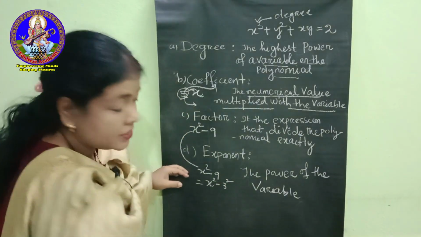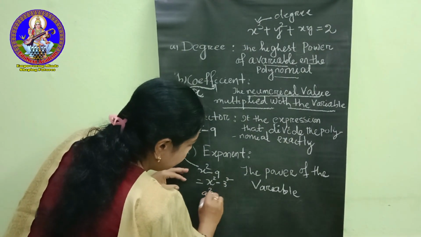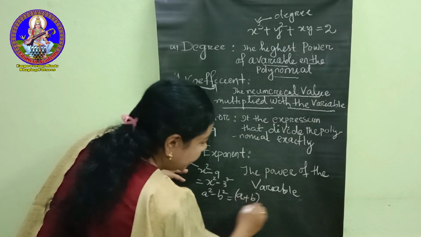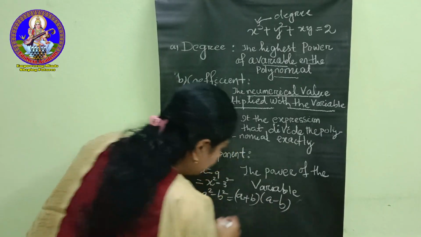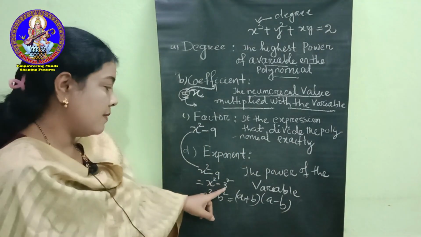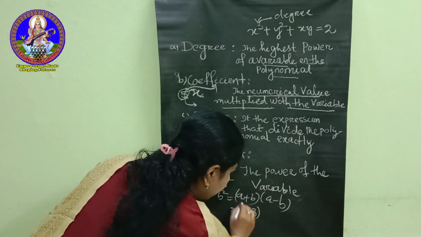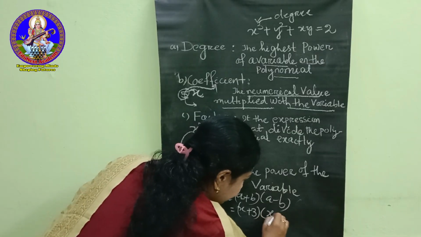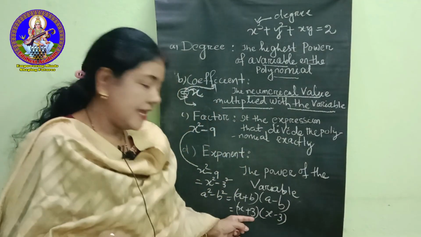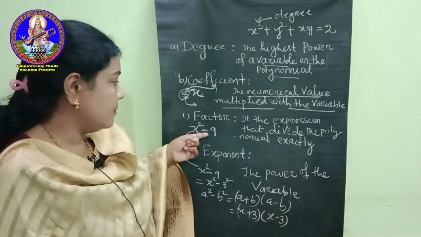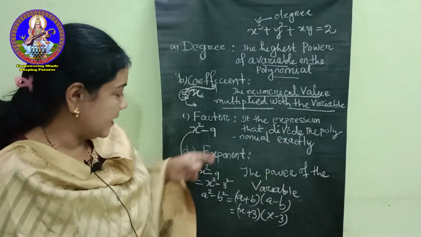As you know, a square minus b square is nothing but a plus b whole into a minus b. So x square minus 9 can be written as x plus 3 into x minus 3. So x plus 3 and x minus 3 are the factors of the expression x square minus 9.